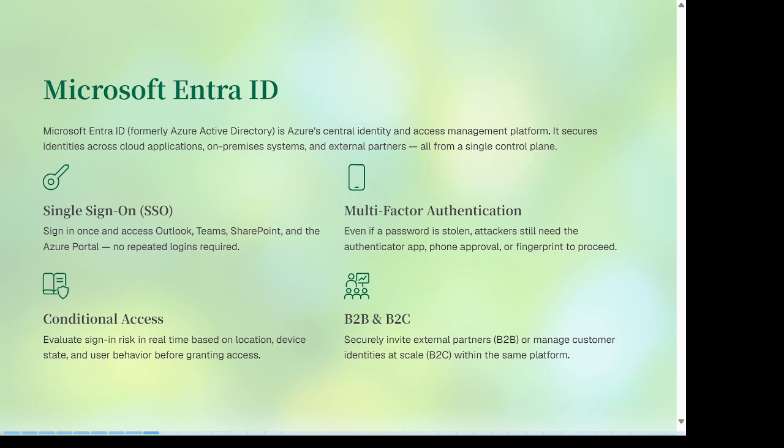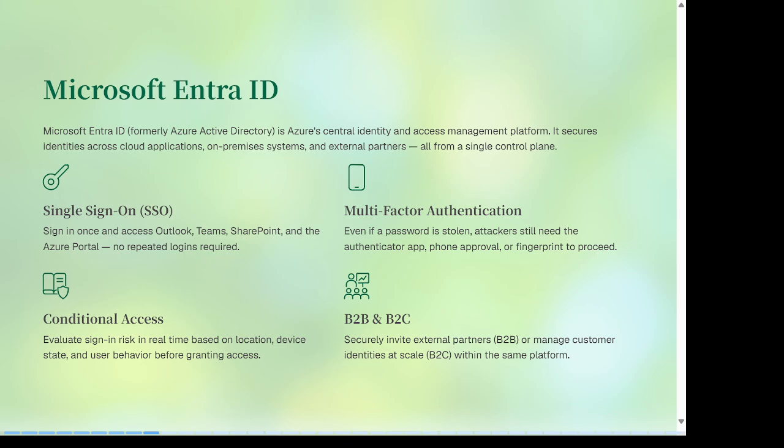You log in once in the morning using SSO. Throughout the day, you access email, Teams meetings, project files, and Azure resources without logging in again. But if you try to log in from an unfamiliar device in another country, conditional access may require multi-factor authentication or block access entirely.